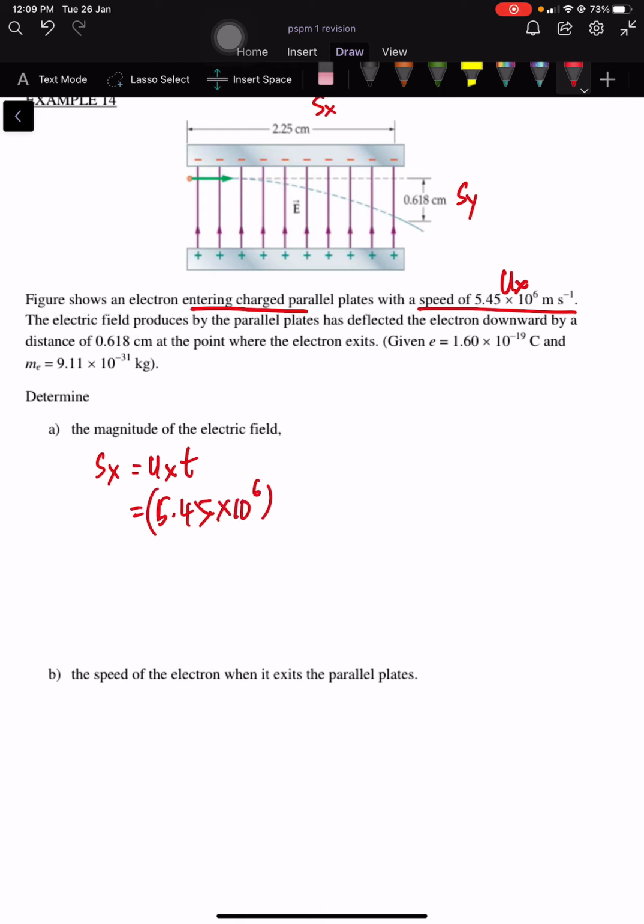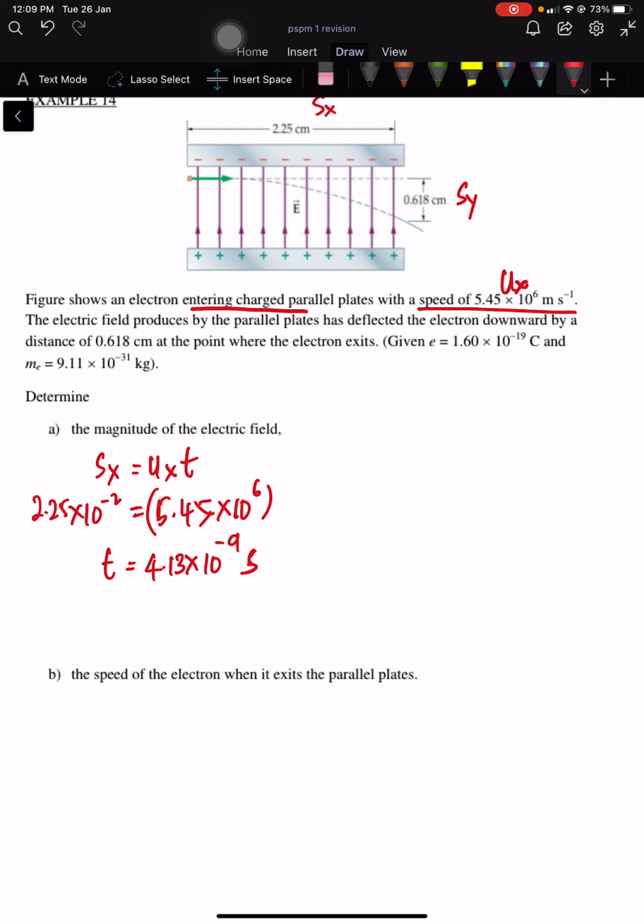Sx is 2.25 times 10 to the power of negative 2. And then we get time is equal to 4.13 times 10 to the power of negative 9 second. Okay, so we want to determine E.